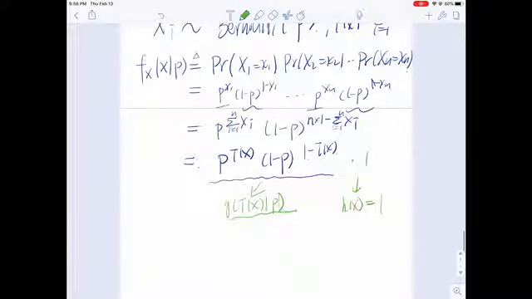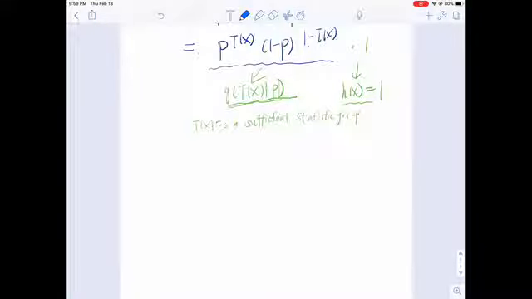So, by the factorization theorem, we successfully show that the joint distribution of X can be factorized into a function of T(x) and a function of x, and that's why we can claim that T(x) is a sufficient statistic for p.